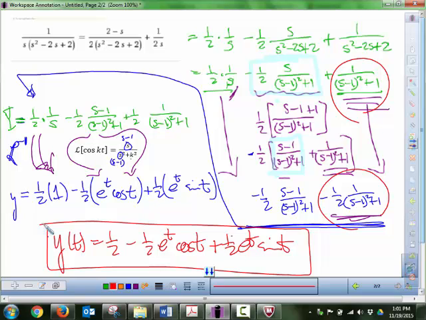So I think the trickiest part in doing these problems in Laplace transforms is going back. A lot of times you can easily transform into the S world, and it's certainly just a bunch of algebra.